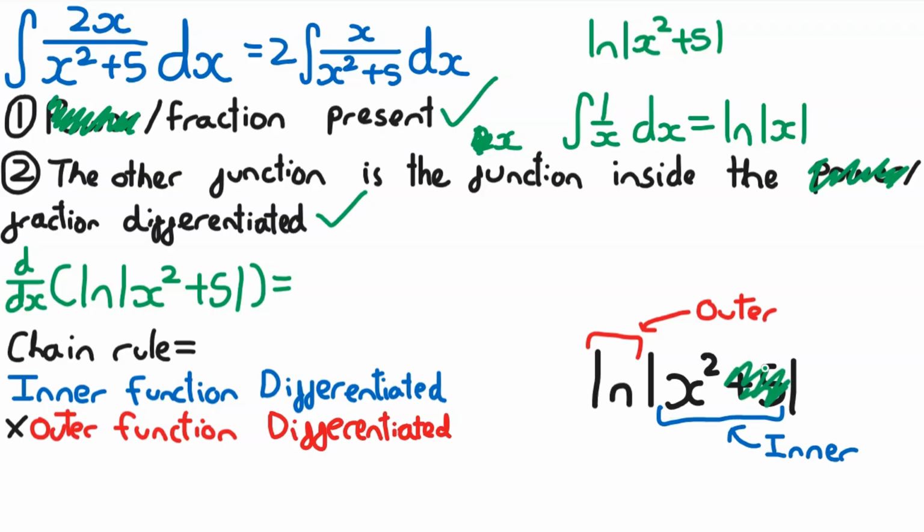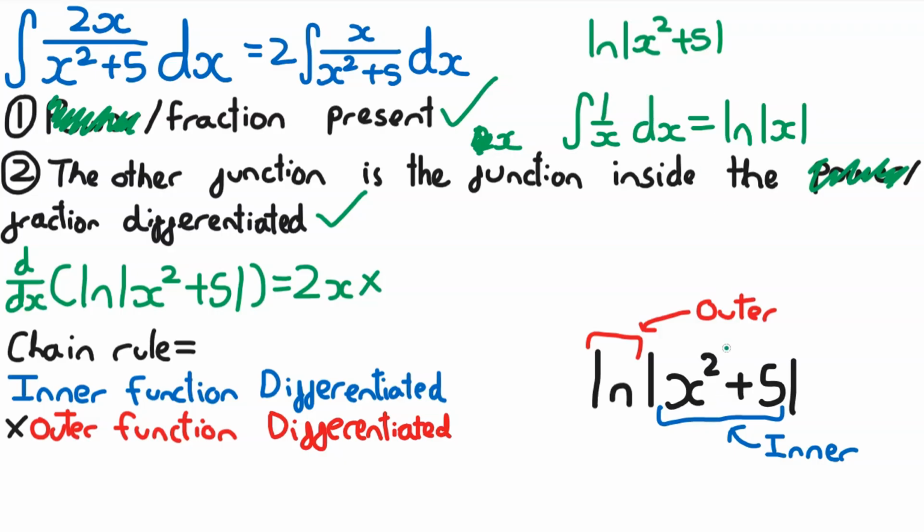We've already done it. When you differentiate this, the plus 5 just goes away, and when you differentiate x squared, it's 2x. Then this is multiplied by the outer function differentiated, which is this natural log differentiated. We talked about in year 2 differentiation that when you differentiate a natural log, it becomes 1 over x. Remember, it's the opposite of integration, so we're going back this way.